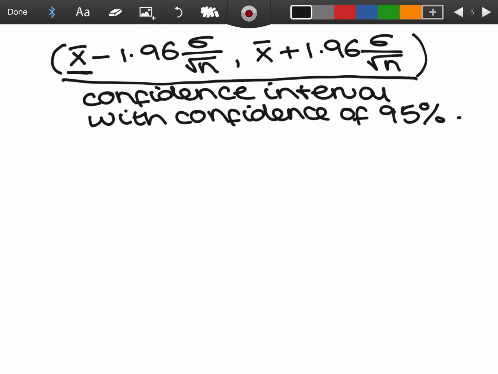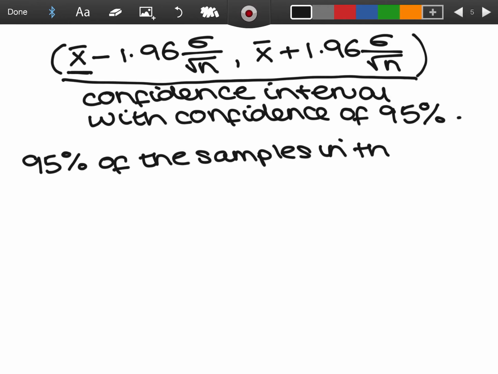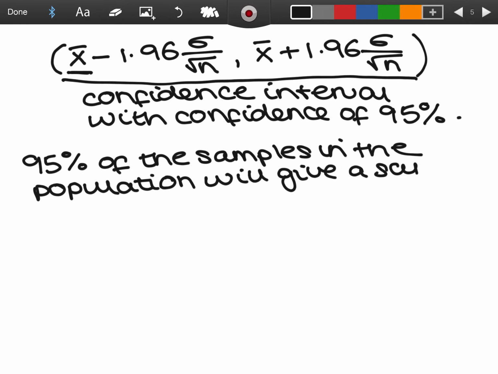So I'll write that out. 95% of the samples in the population, so you can take samples of whatever size n that you have, will give a sample mean x bar.